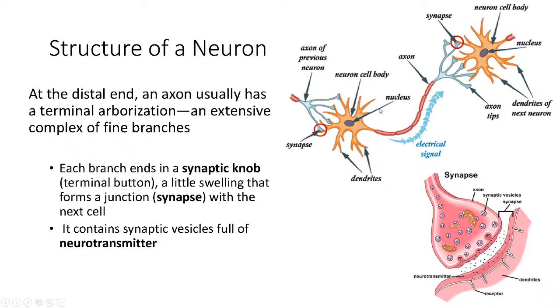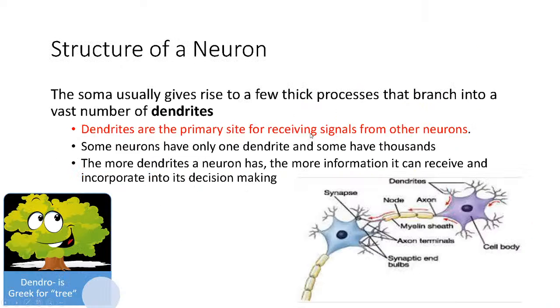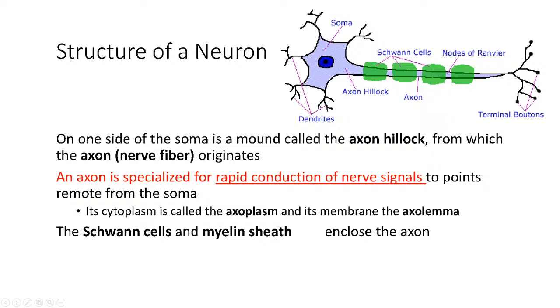One way maybe that you can remember it is, all right, dendro up here is Greek. And that's at the beginning of the neuron, right? That's where we receive our signal. We initiate a new signal, it travels down the axon, and then reaches the terminal arborization at the distal end of the neuron.